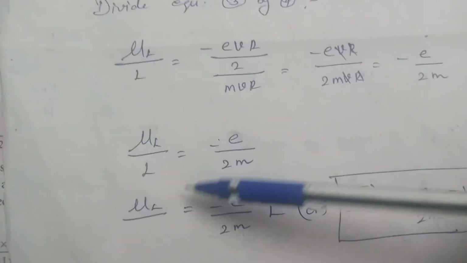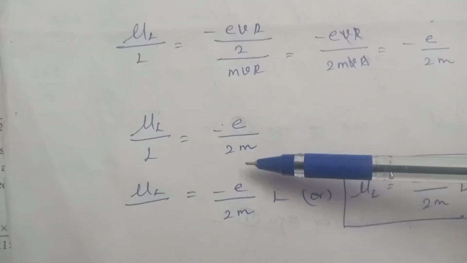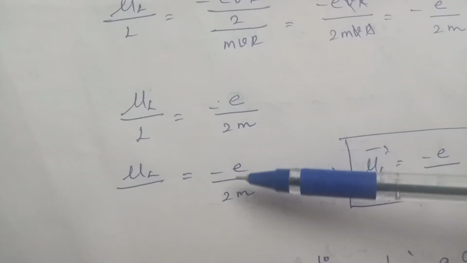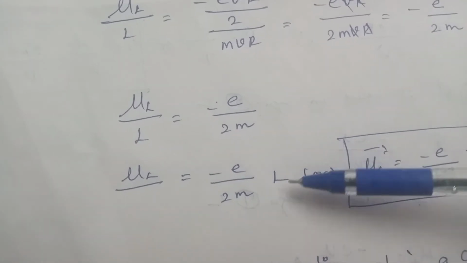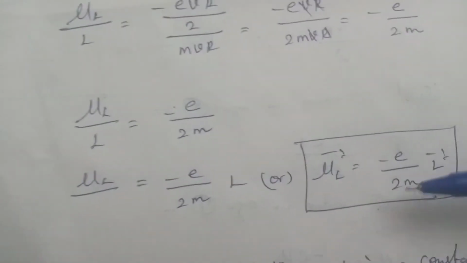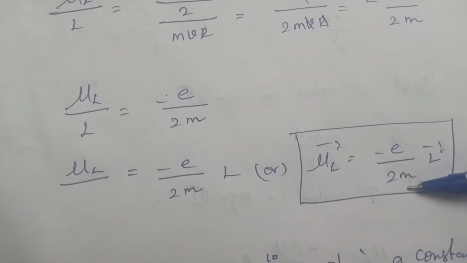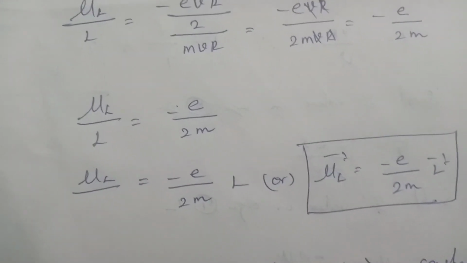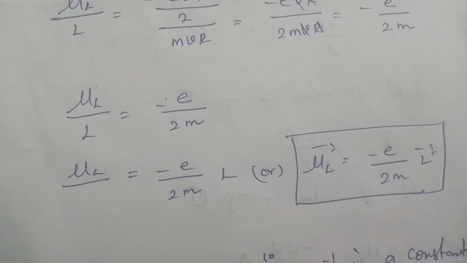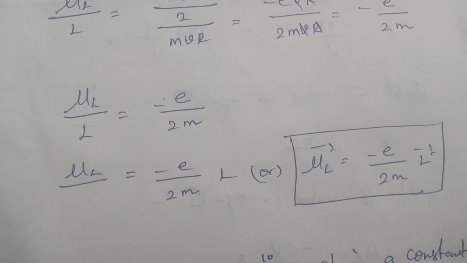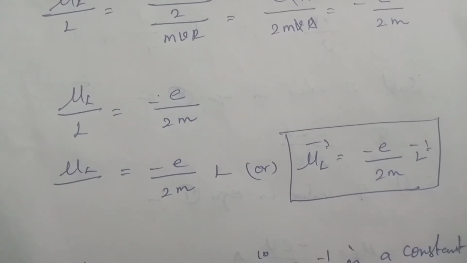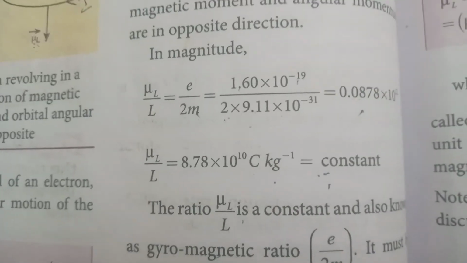So mu L by L is equal to minus E by 2m, or mu L is equal to minus E by 2m into L, or in vector form mu L vector is equal to minus E by 2m L vector. This is the final equation of mu L, the magnetic dipole moment of a revolving electron.